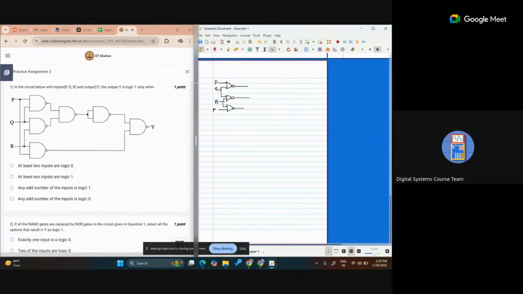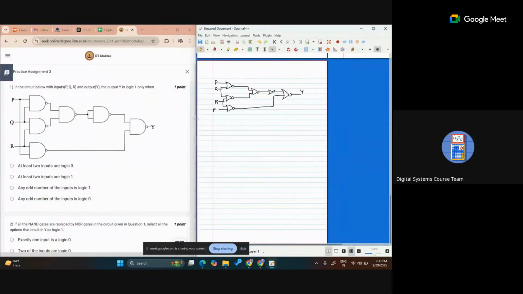This is equal to P, and these two are shorted together and produce another NOR gate, and I am giving that to another NOR gate, and the final answer is connected to a NOR gate.